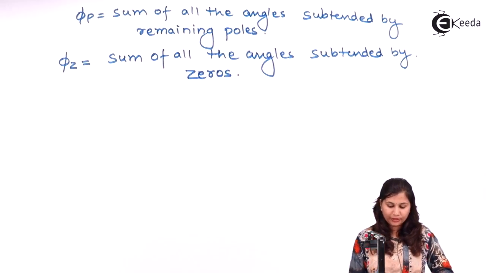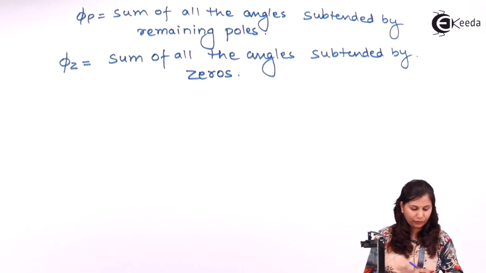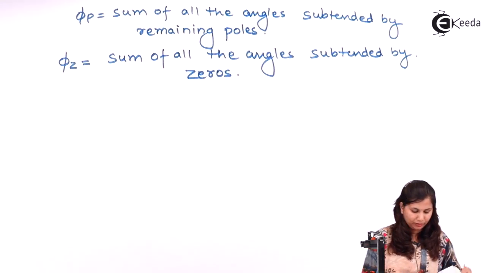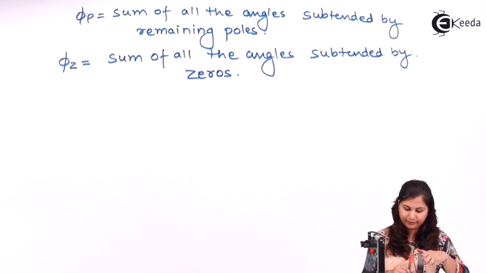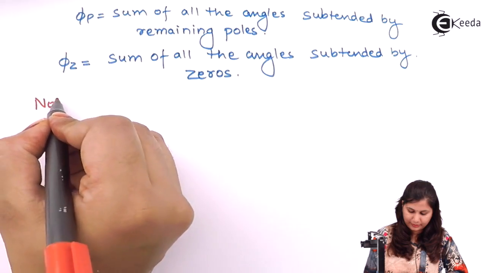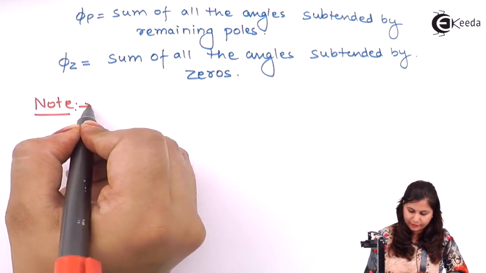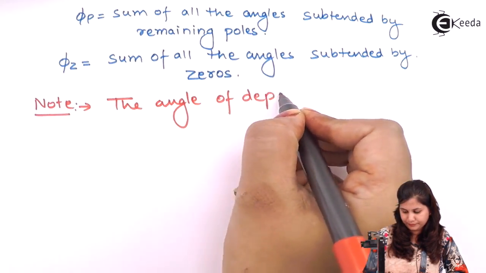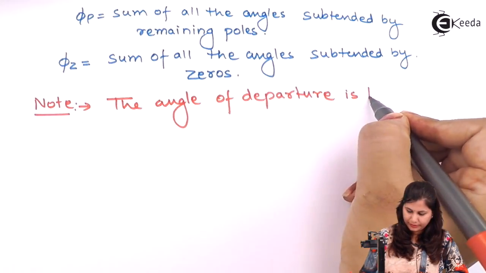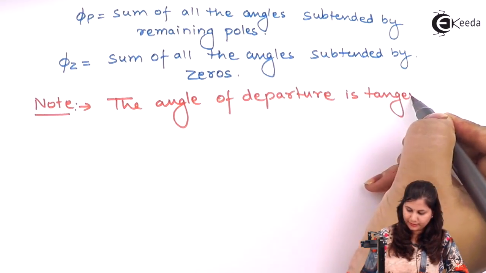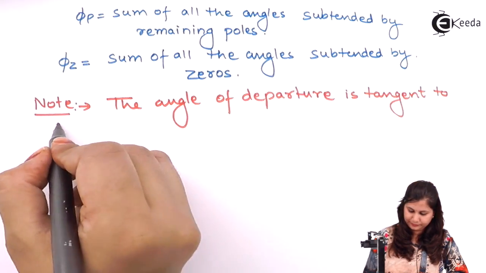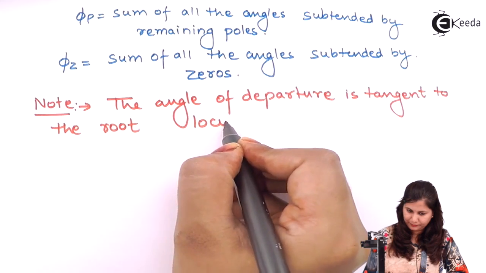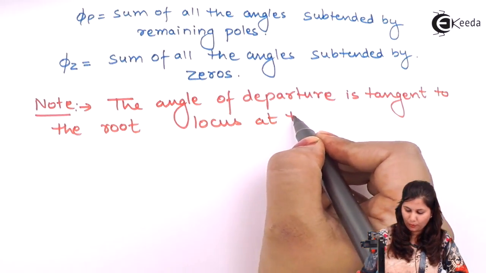Okay. Now here we have to find out the angle of departure from the complex pole. So you have to keep a note here in your mind that the angle of departure is tangent to the root locus at the complex pole.